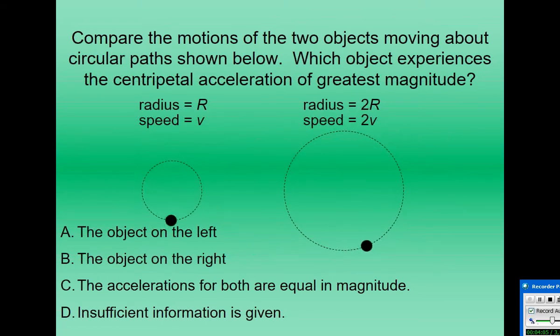Given that setup, which of these objects experiences the centripetal acceleration with the greatest magnitude? The one on the left, the one on the right? Do you think that both accelerations are equal, or have I failed to give you some important information? Think about it. Don't hesitate to ask a question at the start of class if you're not certain about the answer.